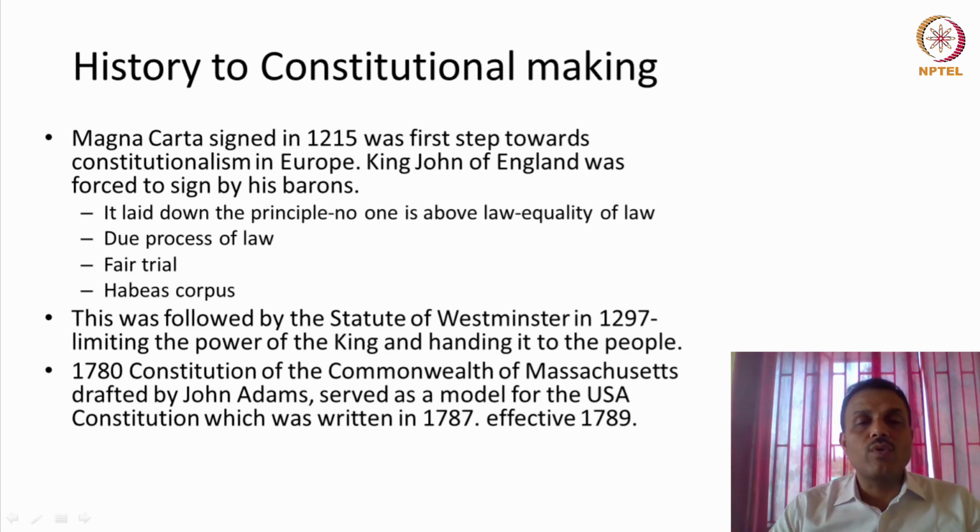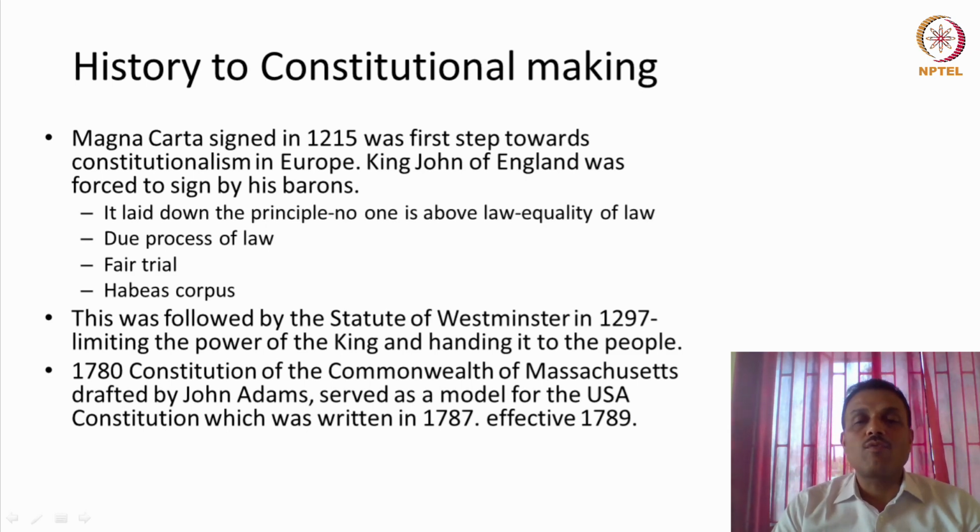Following the same, you will notice that the Statute of Westminster in 2097 was also brought into effect. This was clearly a shift of power from the king, who till that point of time enjoyed the majority of powers in terms of deciding what the law is and applying the law, and handing it over to the people, the commons or the common men and their representatives, who could then decide what is just and unjust in a society.